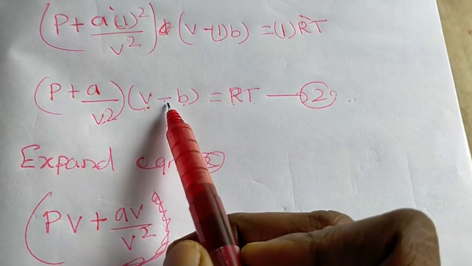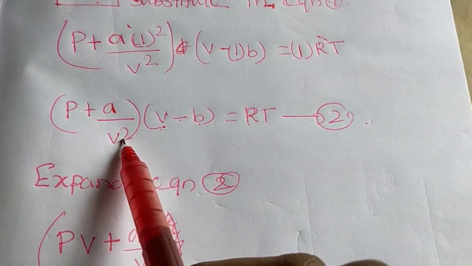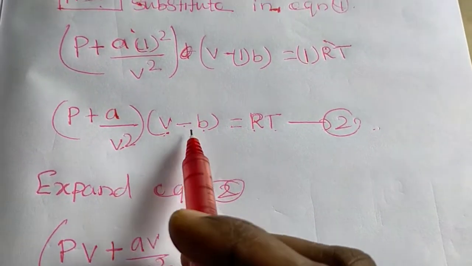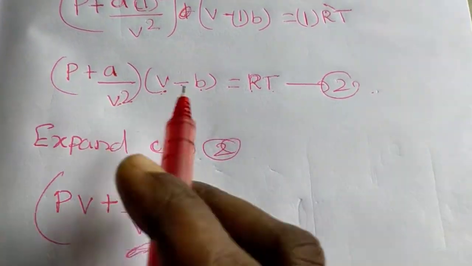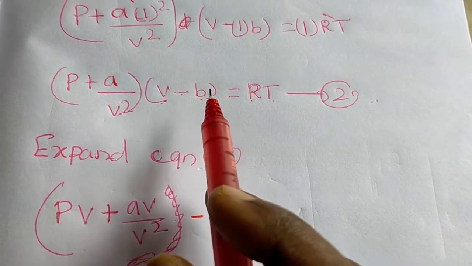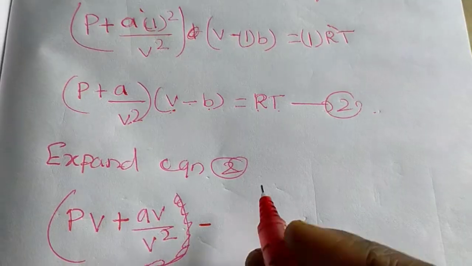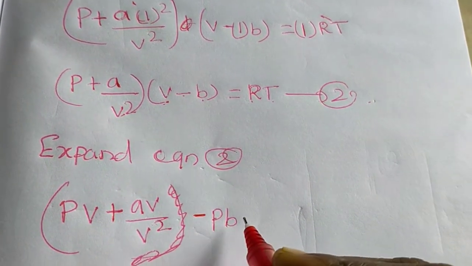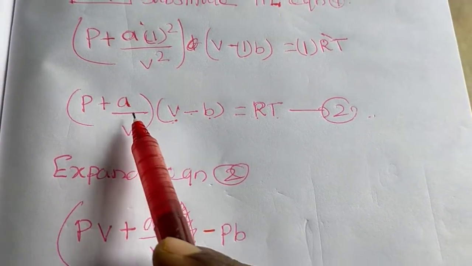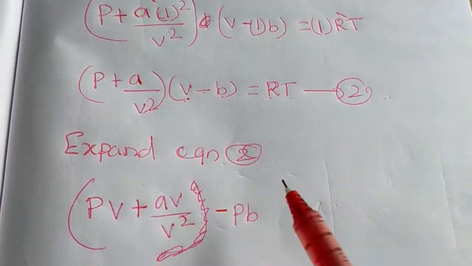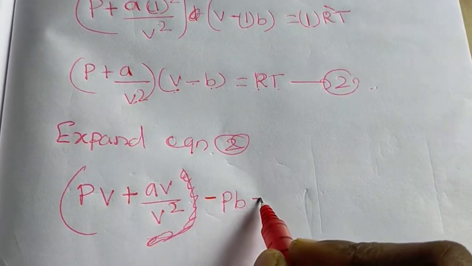Again, multiply the minus b with P plus a by V squared. Minus into plus will become minus, so the result is minus Pb. Then again minus b multiplied with a by V squared; the result is minus, we get minus.